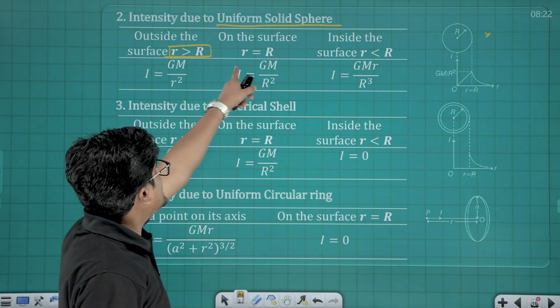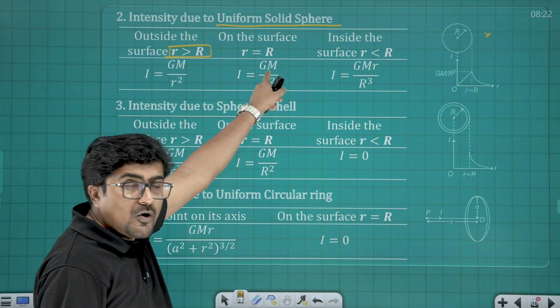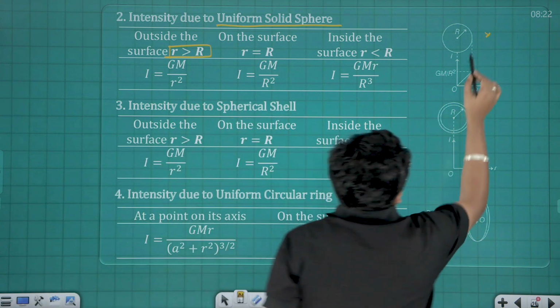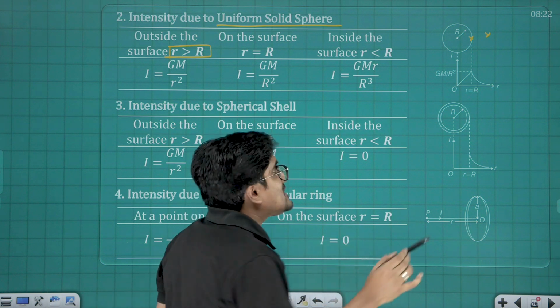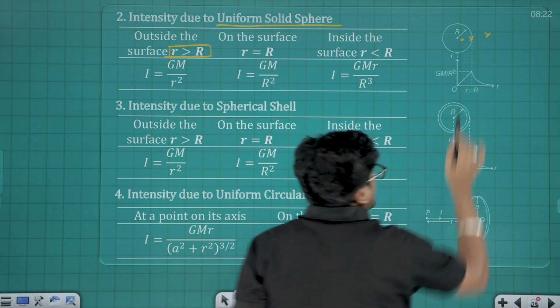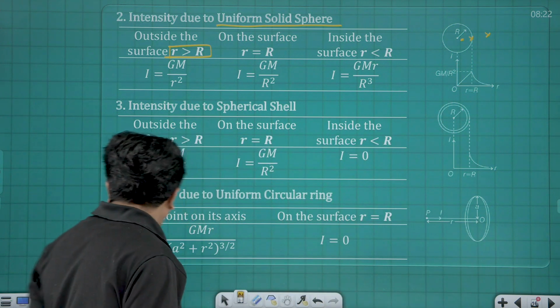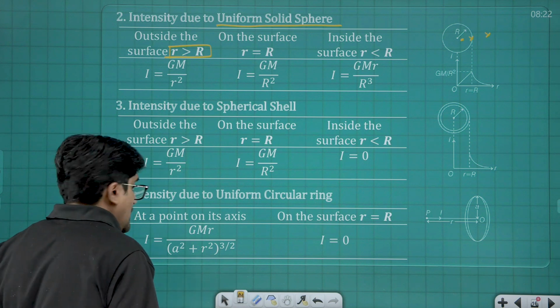Okay, next is small r equal to capital R. That means on the surface. Next one is small letter r less than capital R. So inside. I believe you are getting me right. Okay, 3 points.